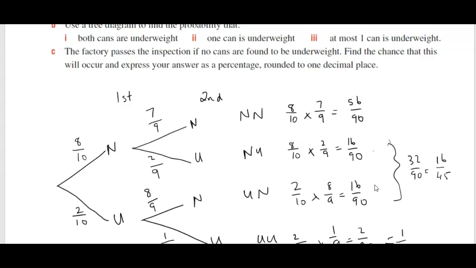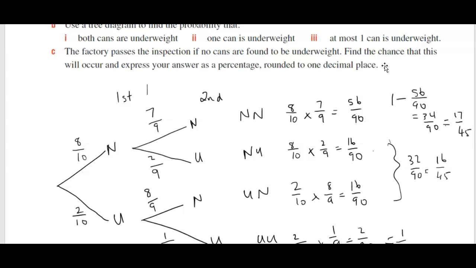So basically, we're going to do 1 minus 56/90, because sometimes it's easier to do 1 minus what you don't want than to work out what you do want. So that's going to be 44/90. No, it's not. It's going to be 34/90, which gives us 17/45.